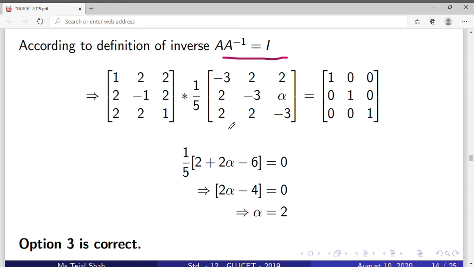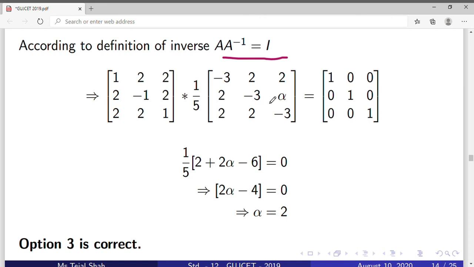So we have to observe where alpha is given. In which column is alpha given? Alpha is given in the third column. So we multiply which element? First row and third column. If we multiply first row and third column, then we get alpha. So now do the multiplication of first row and third column. We get 1 into 2, 2.